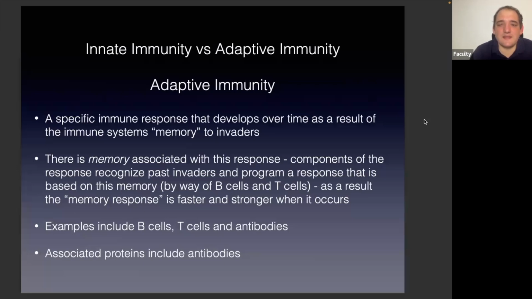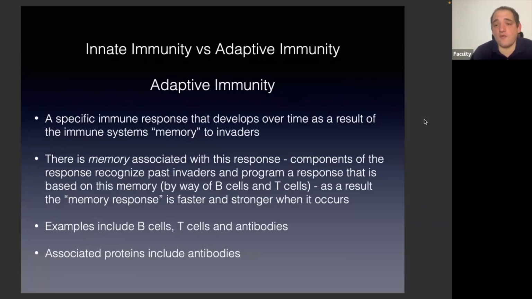What's important here is that there's memory associated with the response. What that means is that if you have the same strain of a virus or bacteria that impacts you over time, with your body's first encounter with that specific organism, your body's response to it is going to be a little bit slower and not as robust.